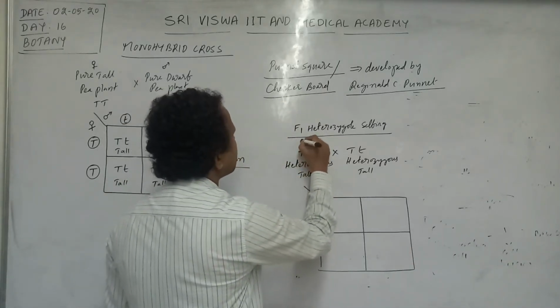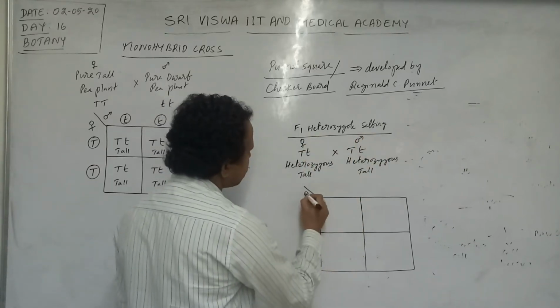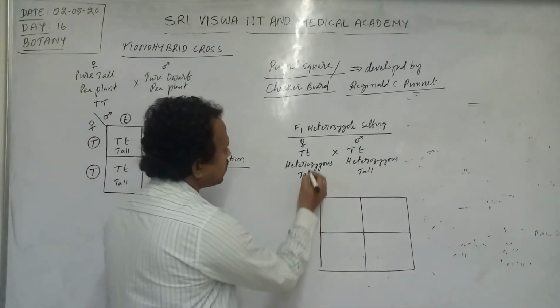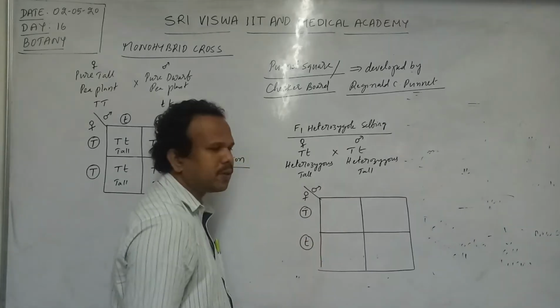Say, consider this one as female and this one as male. Then female gametes are two types, male gametes are also two types. This one forms capital T female gamete and small t female gamete.